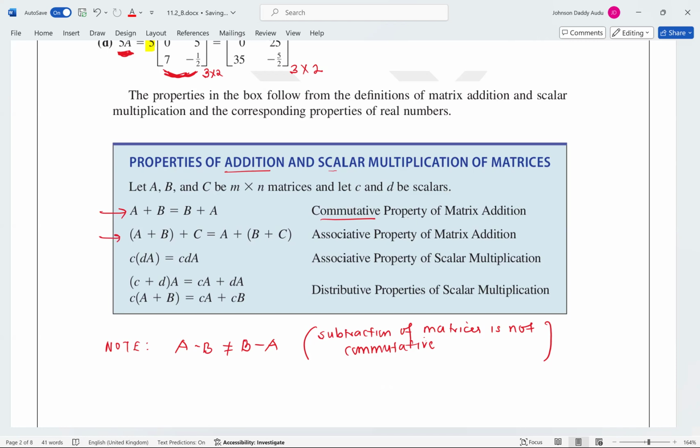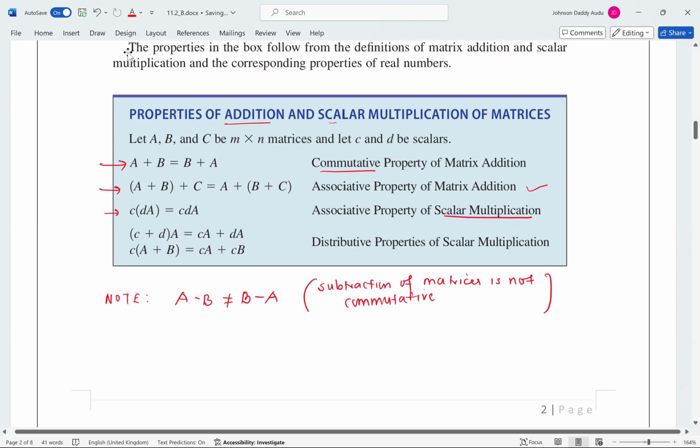Associativity means A plus B plus C equals A plus, and this will be B plus what? Plus C. Is that okay? So it means the order is not important. Associativity is okay. So we call it associativity property of matrix addition. Then here is also another property which we can call the associative property of scalar multiplication.